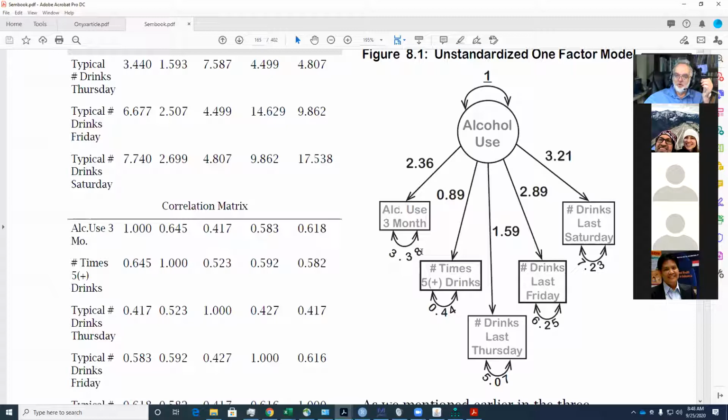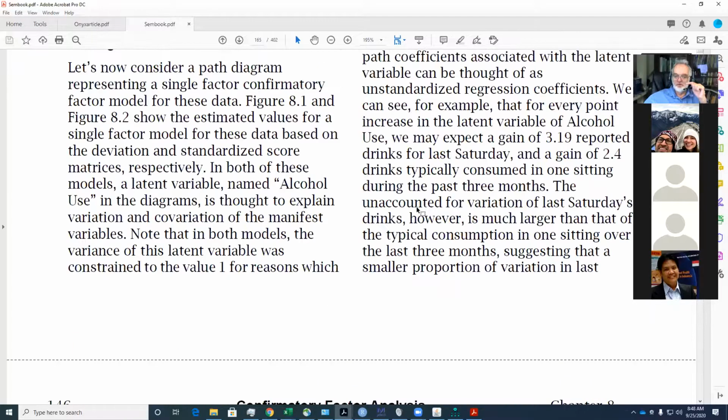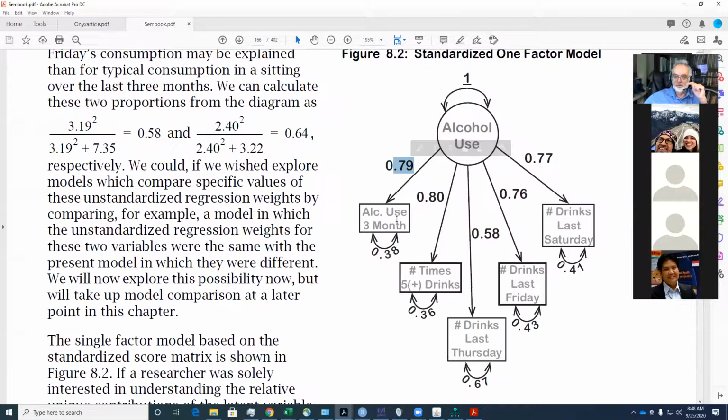The total variance of this variable is 2.36 squared plus 338. That's the denominator. And the numerator is going to be 2.36 squared. And that's going to give me the same number as I would have if I would take 0.79 and square it in the first place.